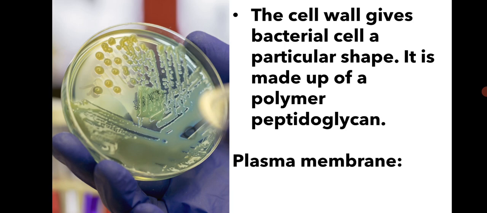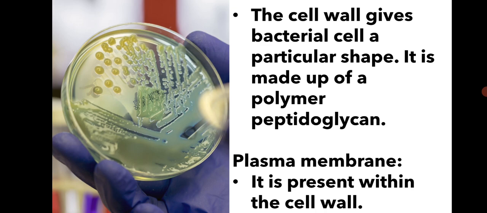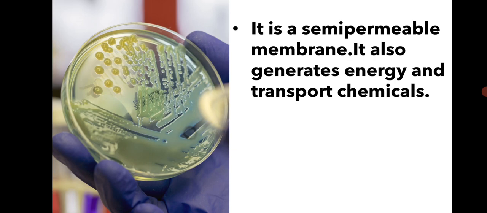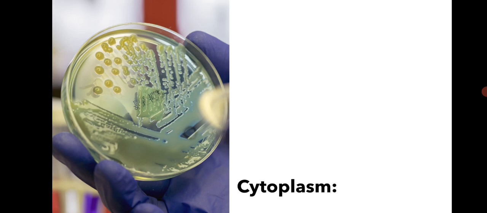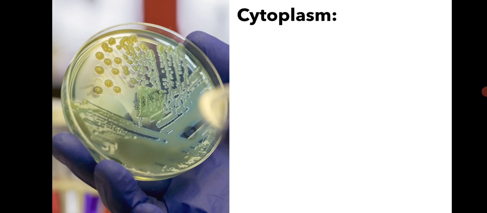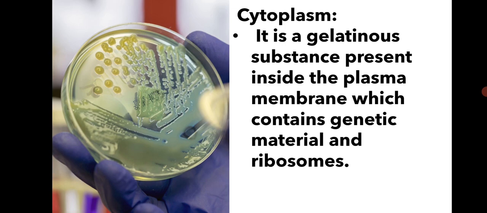Next is plasma membrane. Lying within the cell wall is the plasma membrane, which is a semi-permeable membrane which generates energy and also transports chemicals. Now, cytoplasm: the living matter present within the plasma membrane is nothing but cytoplasm, which includes the genetic material and also ribosomes, and it is a gelatinous substance.